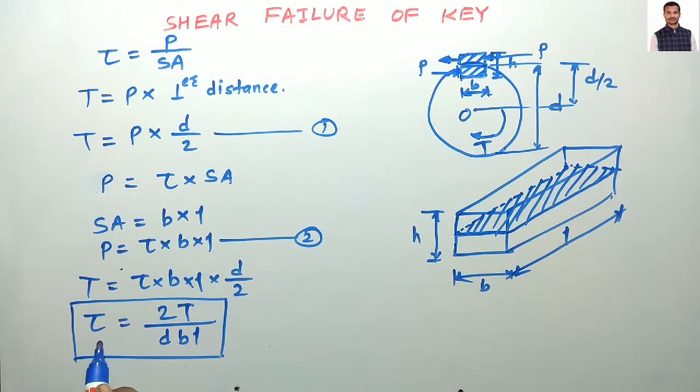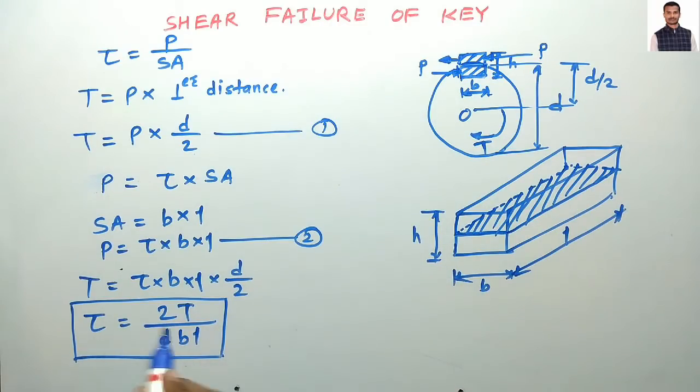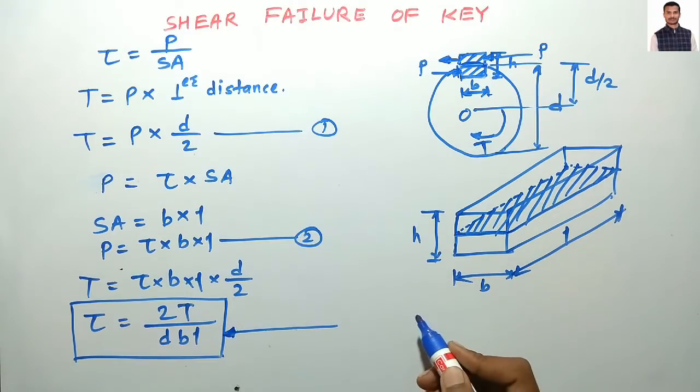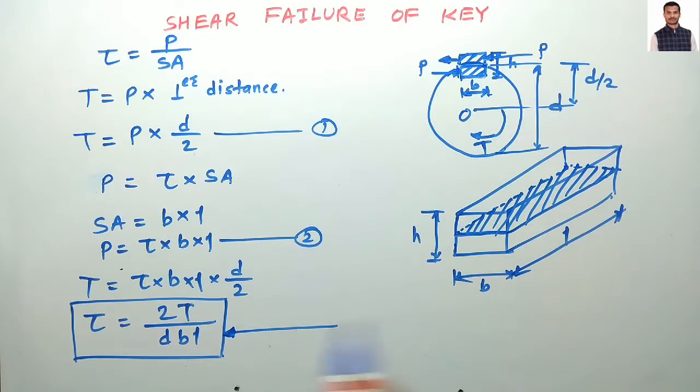So this is the shear stress in key, and this is the shear failure of key. So tau becomes 2T divided by dBL. Now by using this equation, after designing key, that means after taking the values of B, H and L from empirical relation, you can check the design of key by using this formula.